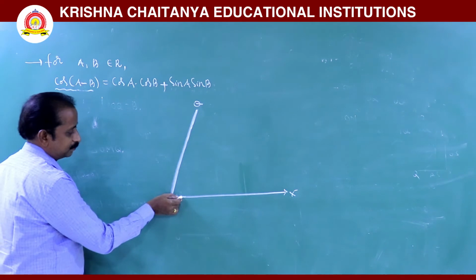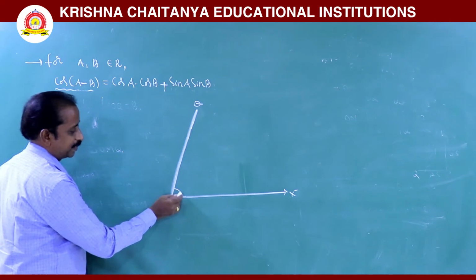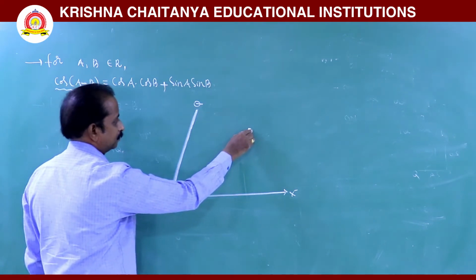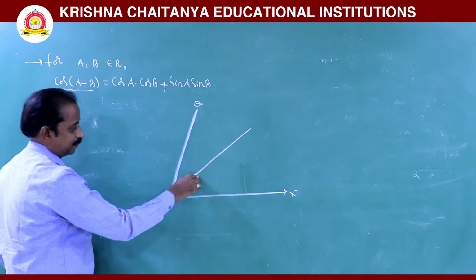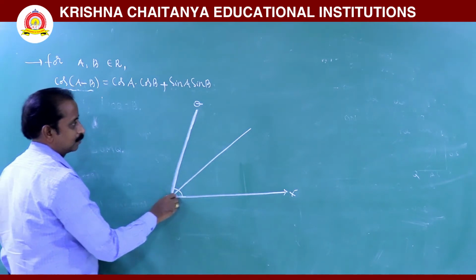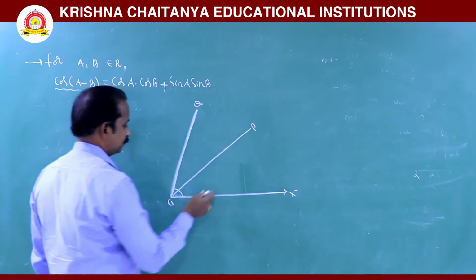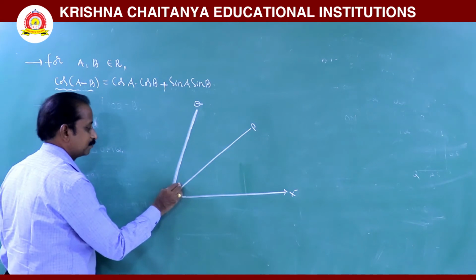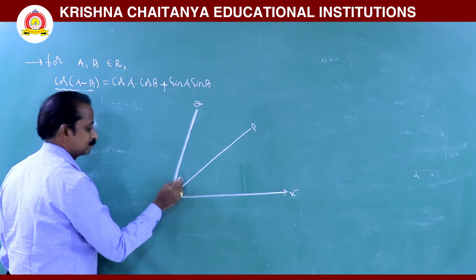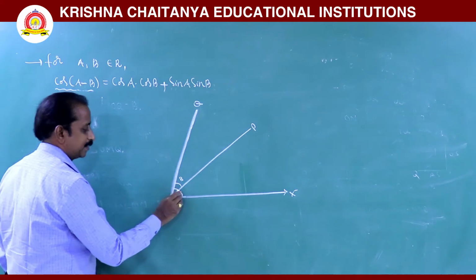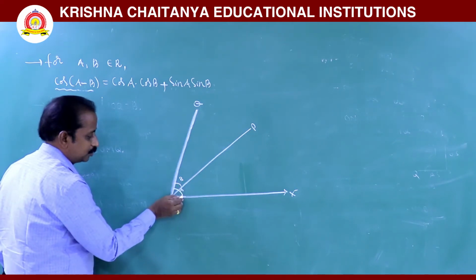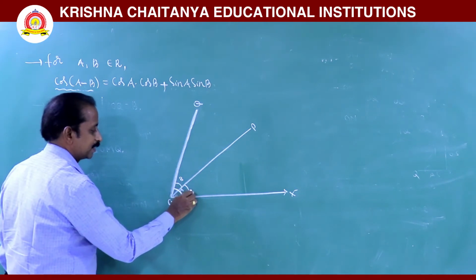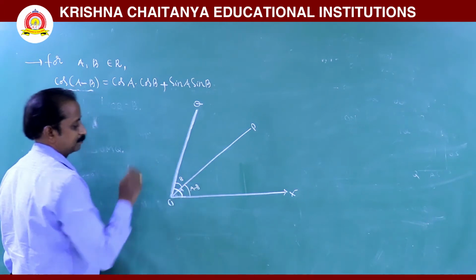This measurement we consider as capital A. Next, consider another line OP. OP with OQ measuring angle should be considered as capital B. So this is totally capital A, and this is capital B. We know that this measured angle should be A minus B.